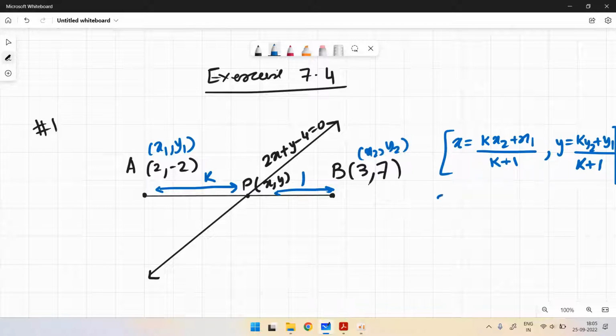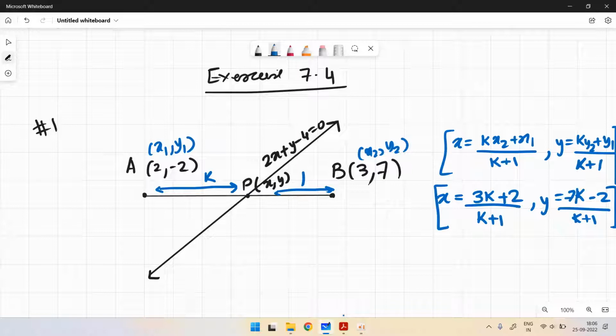Now substituting the values: x2 is 3 and x1 is 2, so x = (3k + 2)/(k + 1). y2 is 7 and y1 is -2, so y = (7k - 2)/(k + 1).